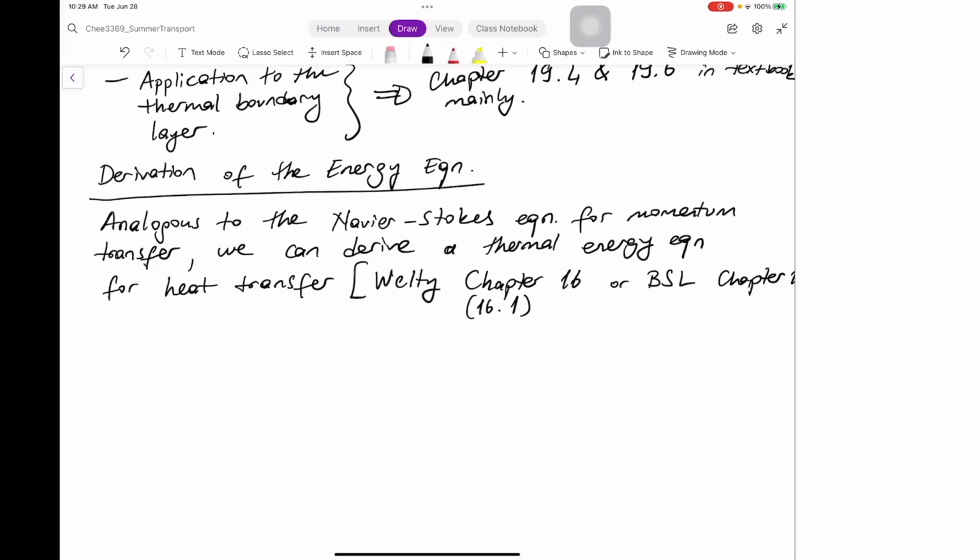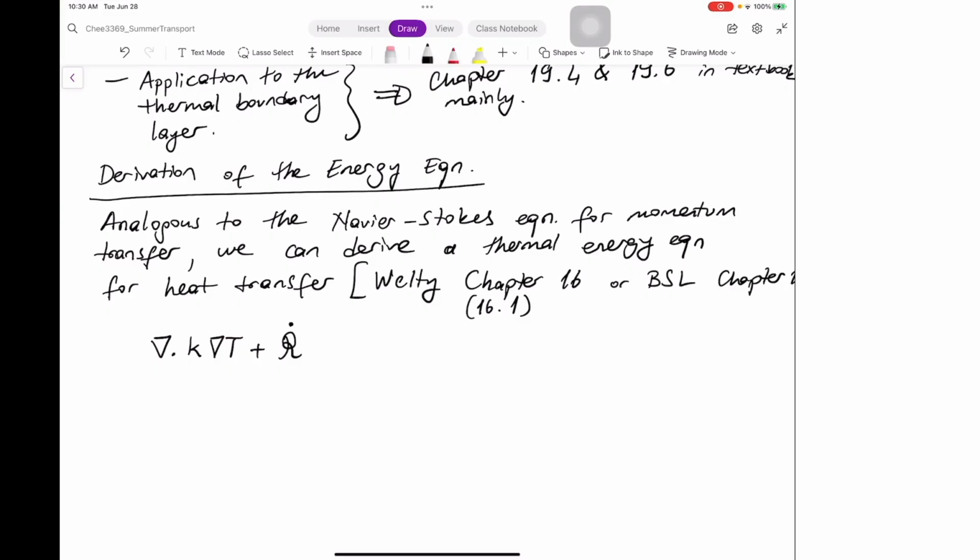Del dot k del T plus fancy R dot. In the book, it uses the notation Q dot, but I like to change it to fancy R dot because that's the notation I'm using.